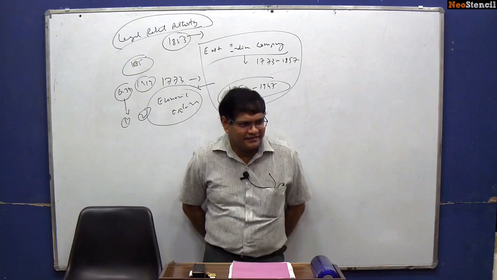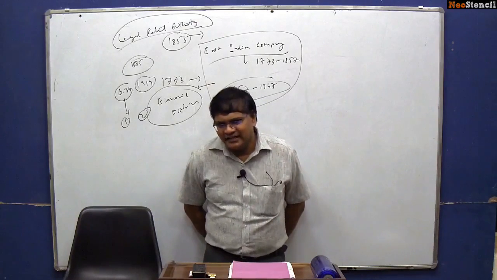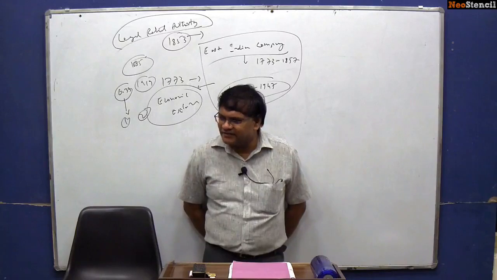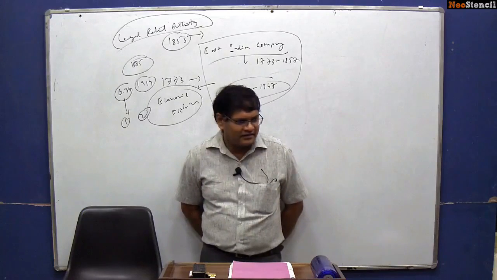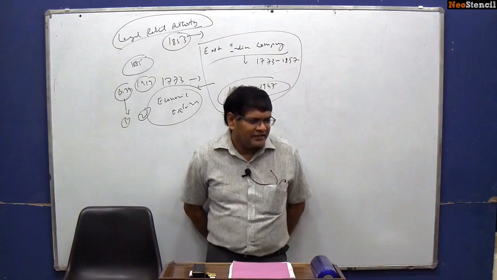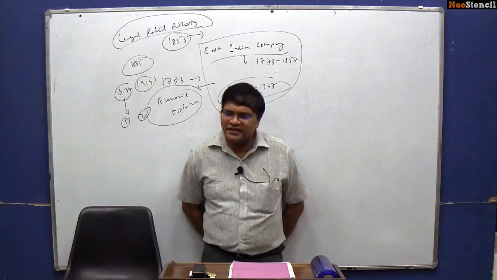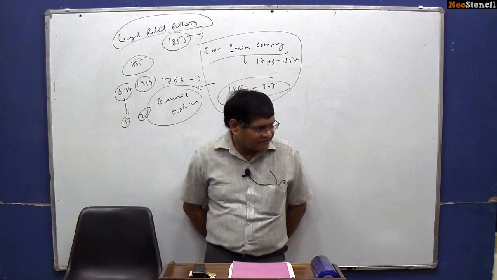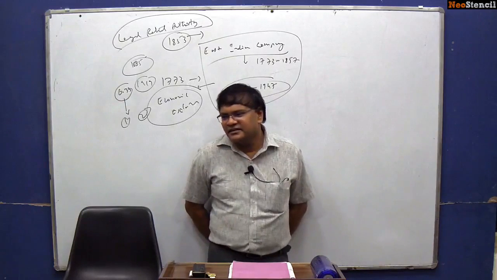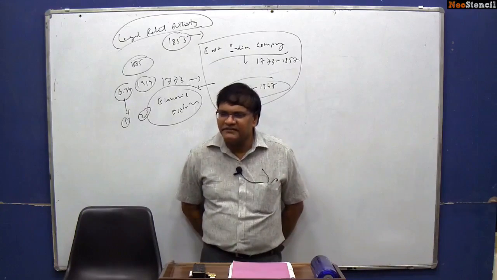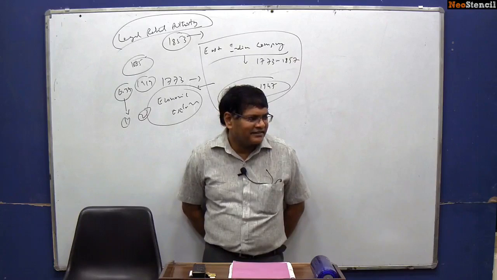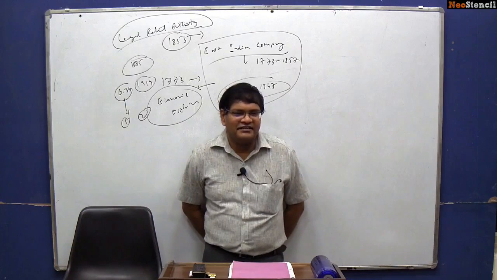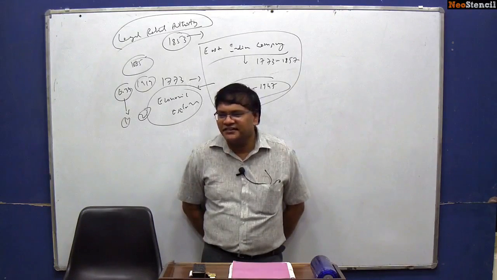As I said, at that point of time, during the British times, politically India was divided into British India and princely states. For princely states, he was called the Viceroy, and for British India, he was known as Governor-General.